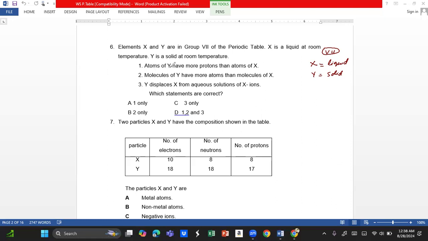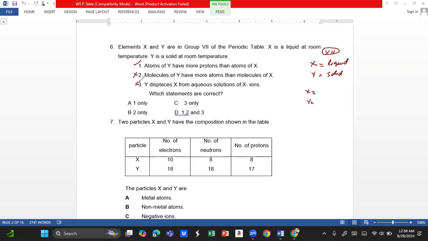So see now, atoms of Y have more protons. That definitely means it lies down the group. It has more protons. Molecules of Y have more atoms than molecules of X? Not at all. All the halogens have the same number of atoms. Like X is X2, it's diatomic. Y is diatomic. All other halogens are diatomic molecules. Y displaces X?